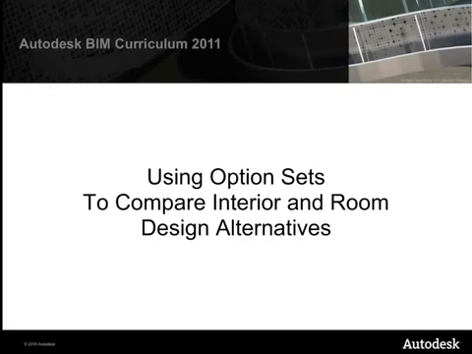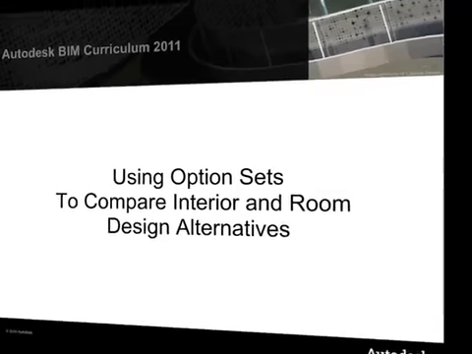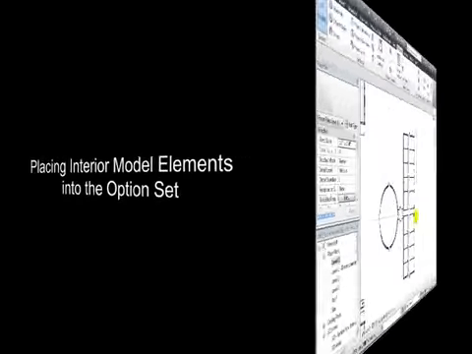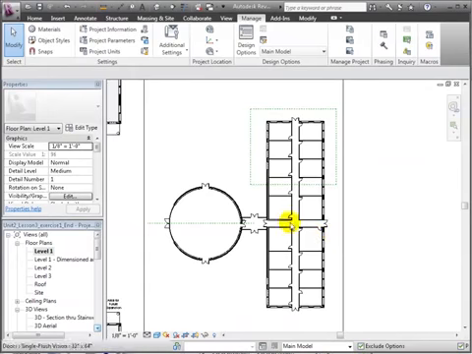Design options are often used to evaluate interior wall and furniture layouts. Our objective here is to propose a couple of options for a reception office area, represented here by these two offices.